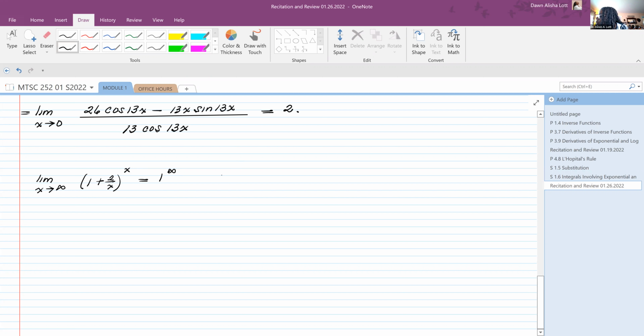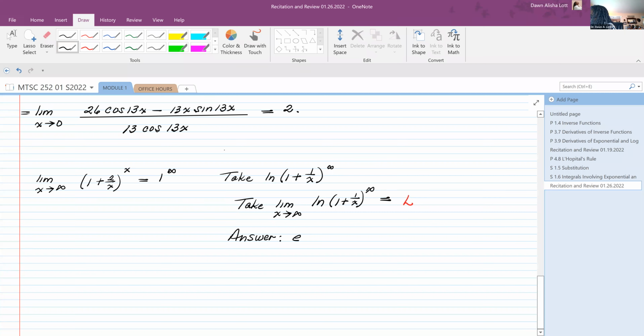This is the one where you have to take the log, and then take the limit, get some number L, and then your answer is e to the L. So you take the log first, then simplify, then do the limit. And then you get that one.